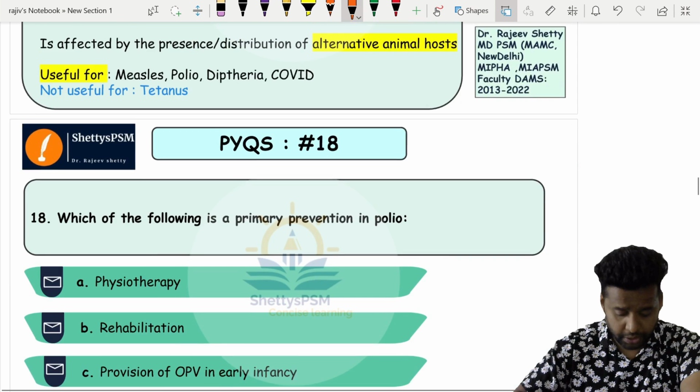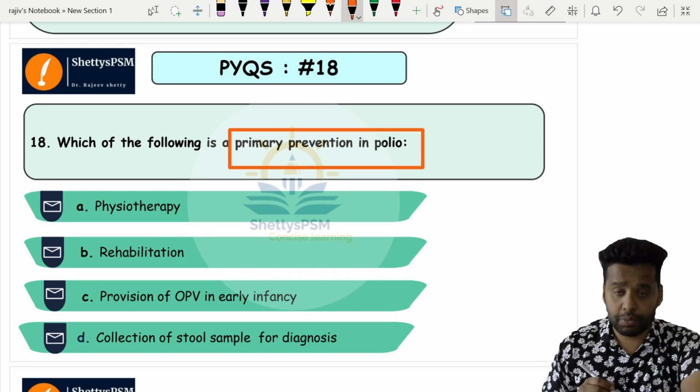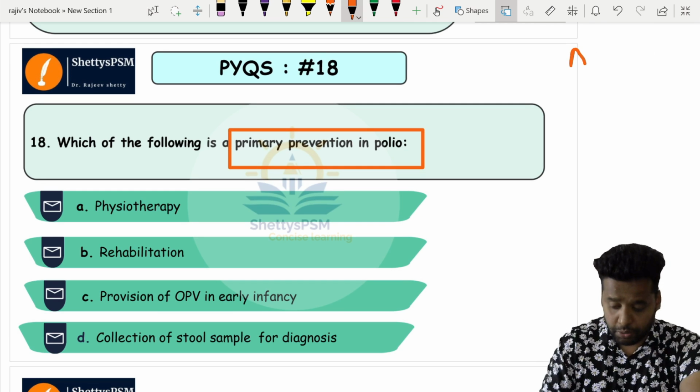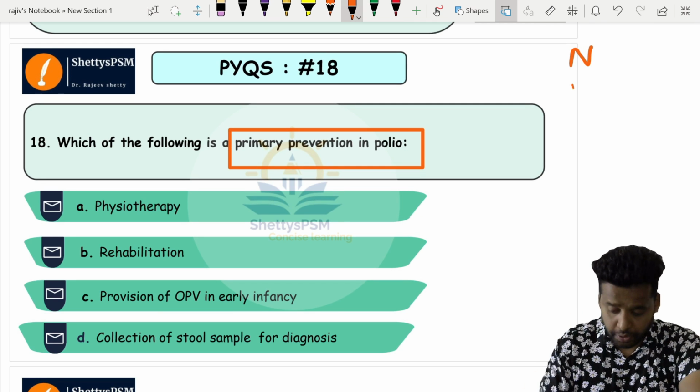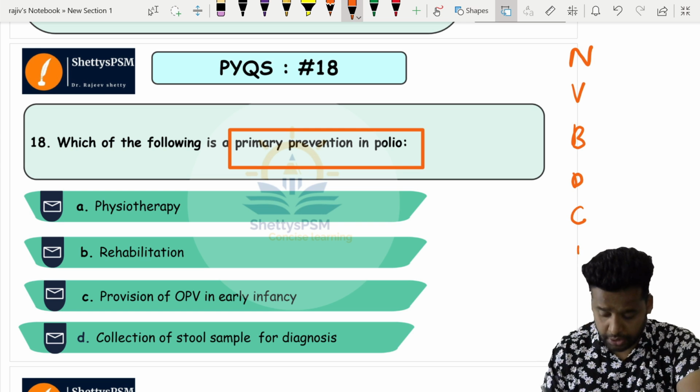Very important question. Which of the following is primary prevention for polio? Primary prevention can be nutrition, supplementation, vaccination, bed nets, defluoridation, condoms or chemoprophylaxis, personal protection.